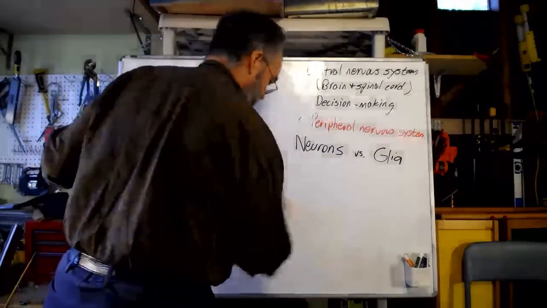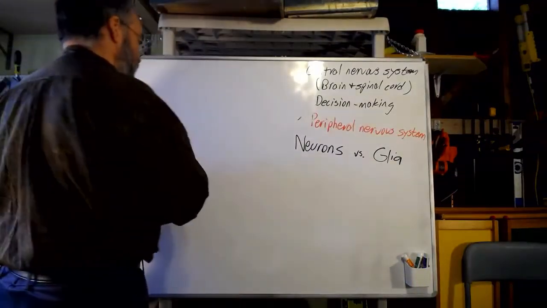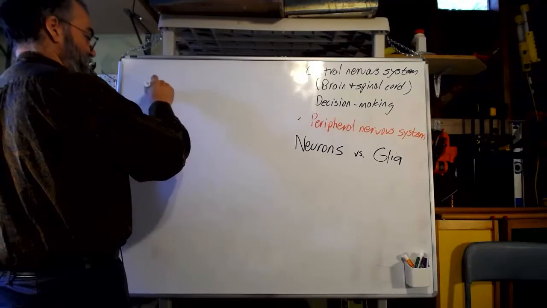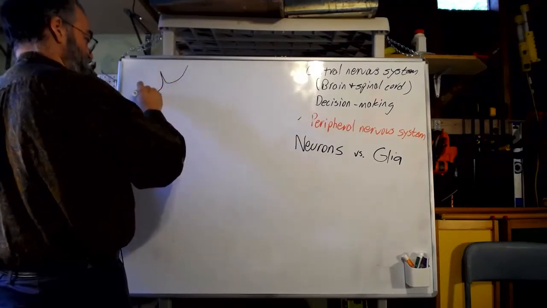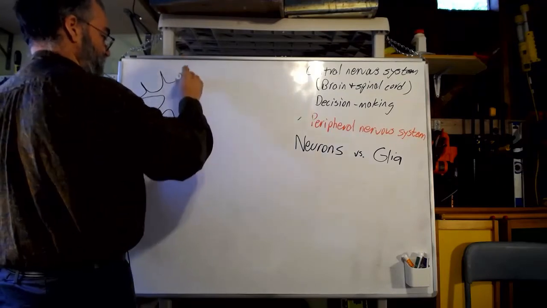And there's lots of different kinds of neurons. The one you've probably seen most often, the drawing you'll see in a lot of textbooks, looks something like this.